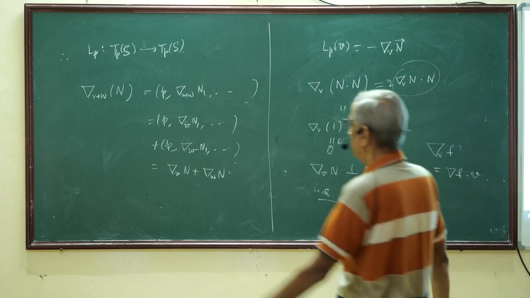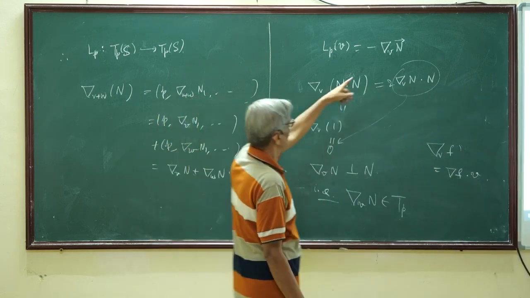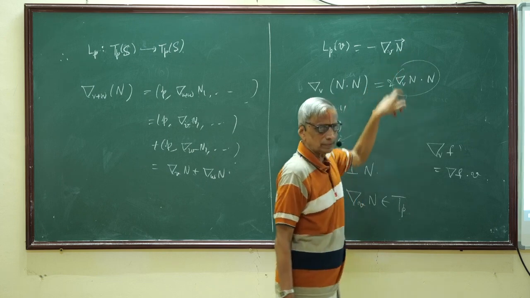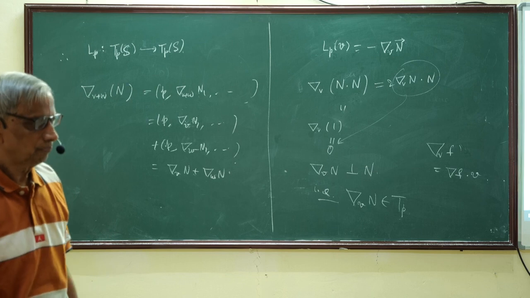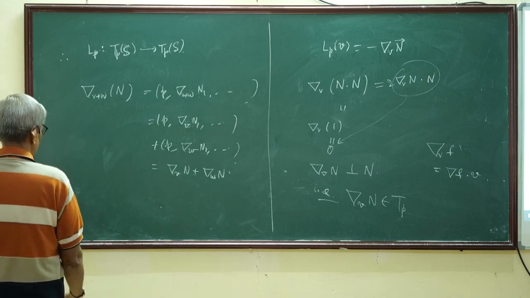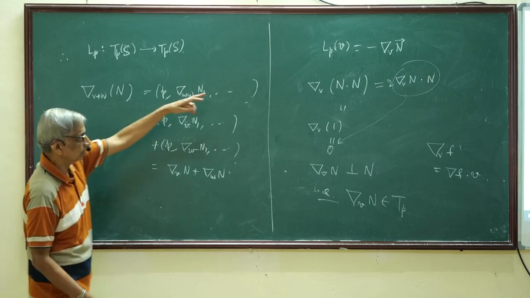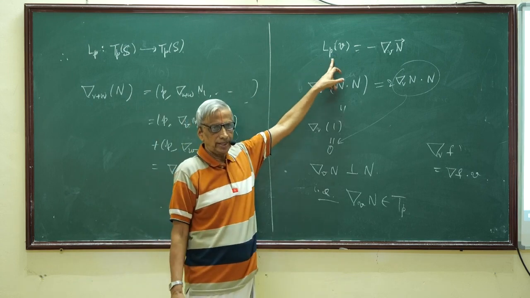As a function of v, this is linear. Of course, scalar multiplication you can see much more easily. So that gives you linearity of LP.